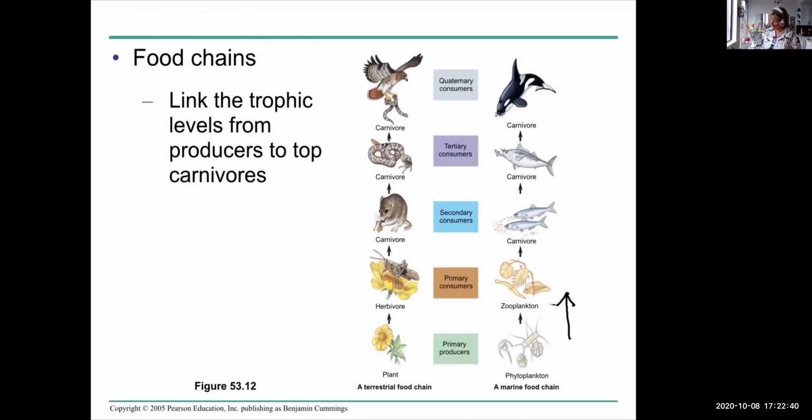So here we have a marine food chain on one side and a terrestrial food chain on the other side. So the primary producers are at the bottom of the food chain, and they use sunlight for photosynthesis.